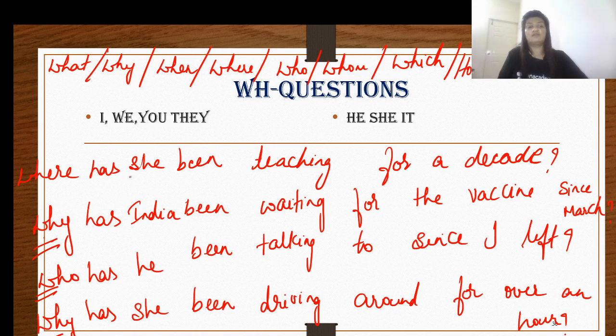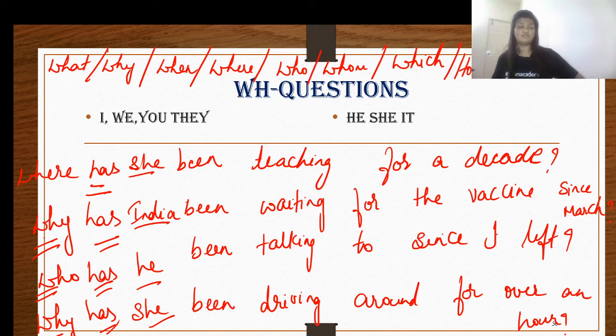So with third person singular subjects, you change the verb by adding s, whereas the reference and the meaning still holds the same, but with a different person. That's it. So where has she been teaching for a decade? Why has India been waiting for the vaccine since March? Who has he been talking to since I left? Why has she been driving around for over an hour?